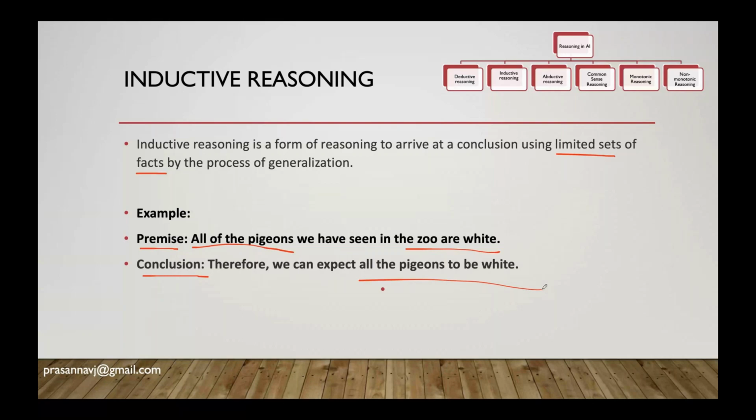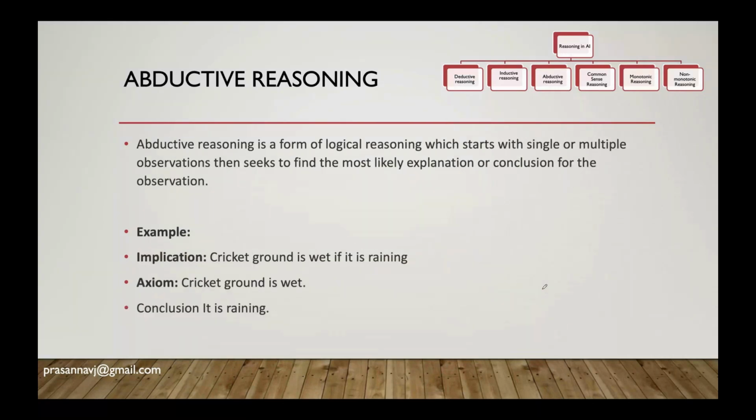Next is abductive reasoning. It is a form of reasoning where it starts with a single or multiple observations, and it tries to come out with the most likely explanation or conclusion from the observation. Let's give an example. Let's say an implication is: cricket ground is wet if it is raining. This is a very simple statement, and let's take that this knowledge is already given to you.